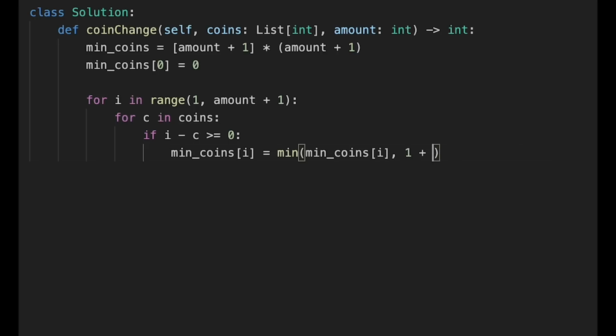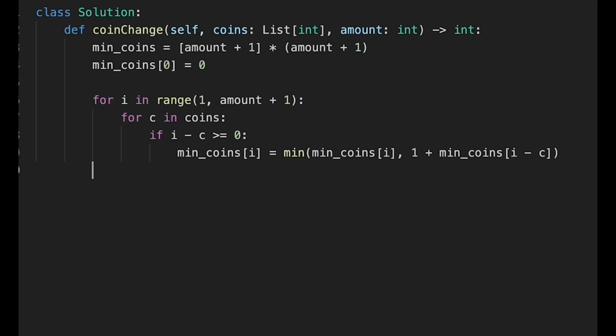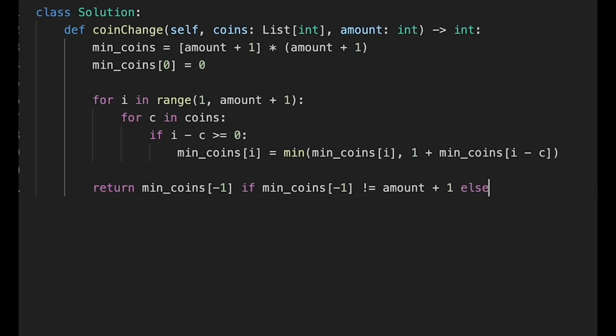So that should be min coins at current amount minus current coin. And then update the min coins, and after that return min coins, and we need the last value, so minus 1, if min coins minus 1 is not equal to amount plus 1, and else minus 1. Oops, minus 1.